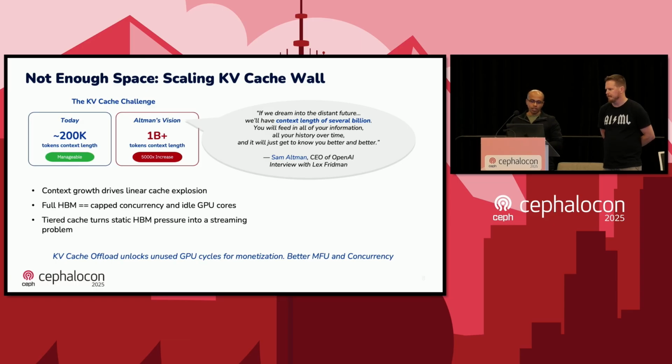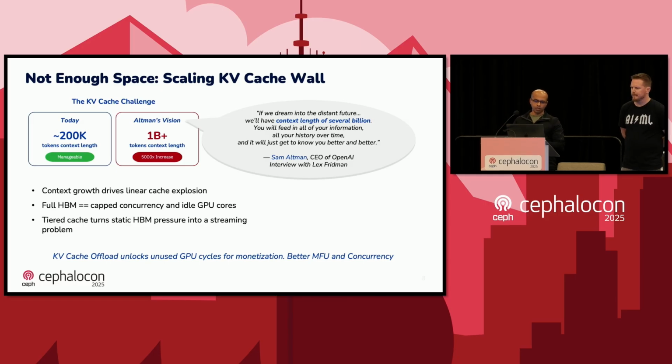By offloading KV cache intelligently, you can free up not just the HBM space, and by HBM I mean the GPU VRAM. By freeing that up, you free up those GPU cycles that are sitting idle, which means better hardware utilization, better MFU, which is the model flops utilization, the ratio of actual flops utilized versus the theoretical flops spec'd.